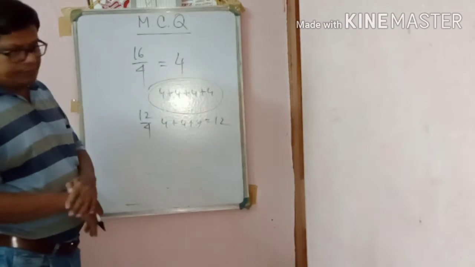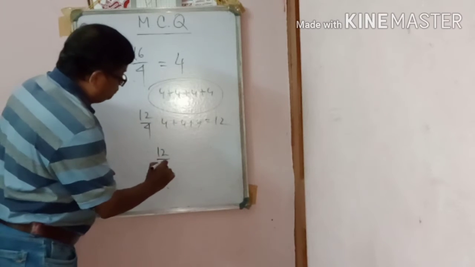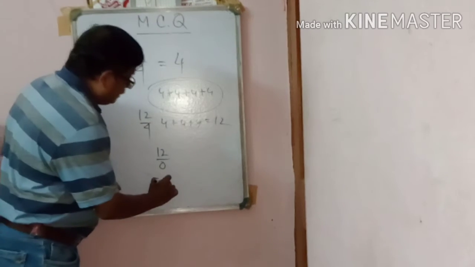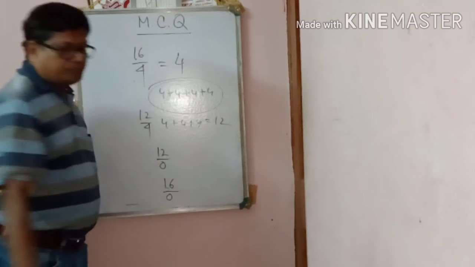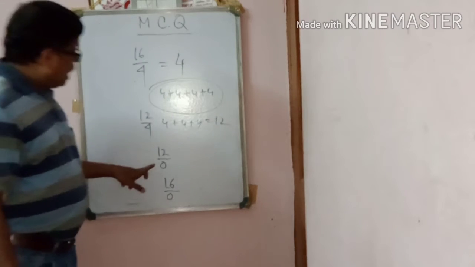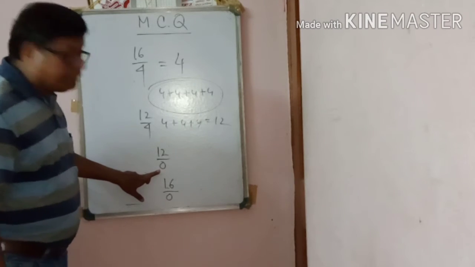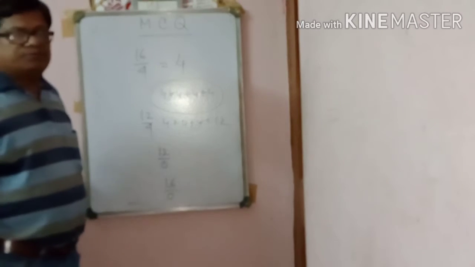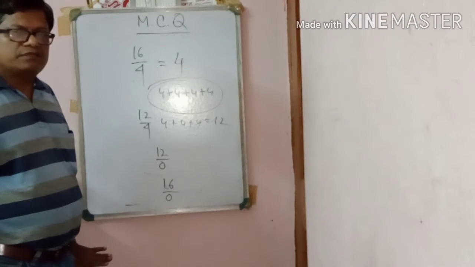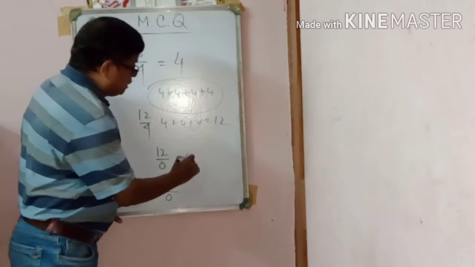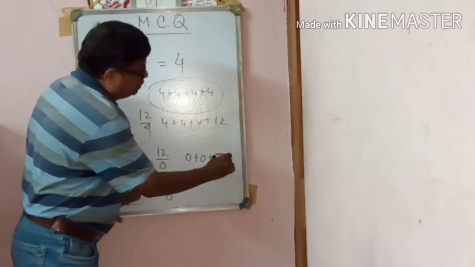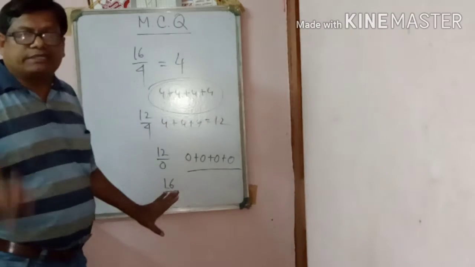Okay, if you write, suppose, 12 by 0, 16 by 0, how many zeros are required to make 12? Can you say? 0 plus 0 plus 0. Any answer? No answer is coming.